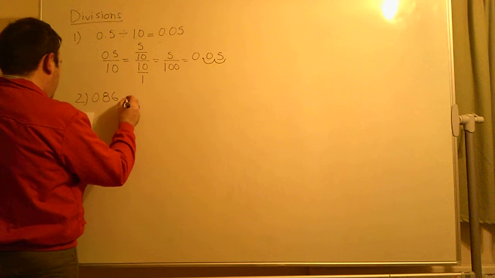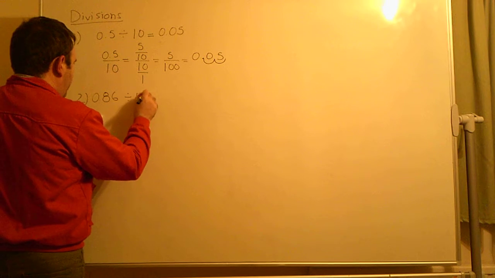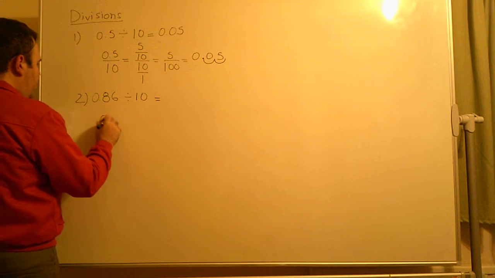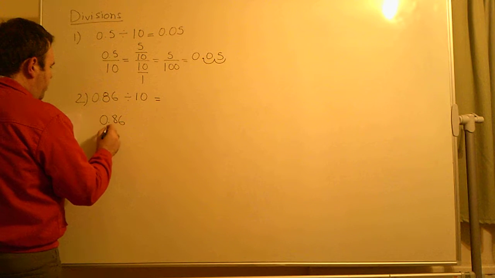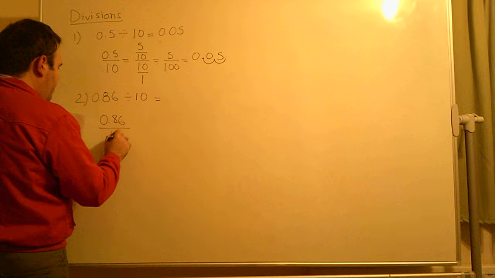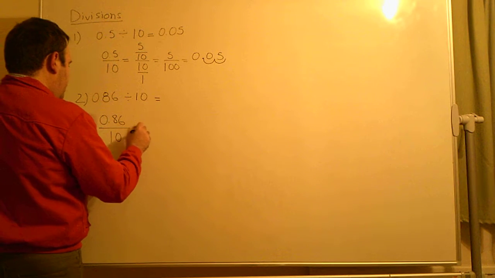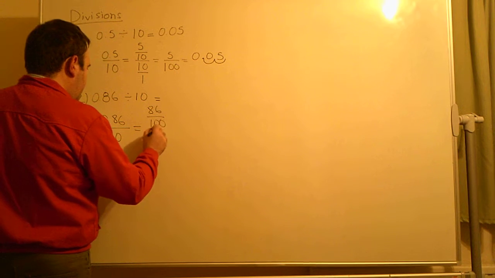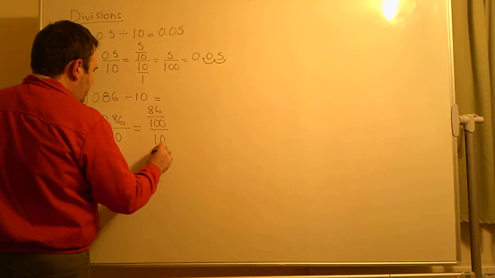0.86 divided by 10. So once again, we write down 0.86 divided by 10. Then this would be 86 divided by 100, and then divided by 10 divided by 1.